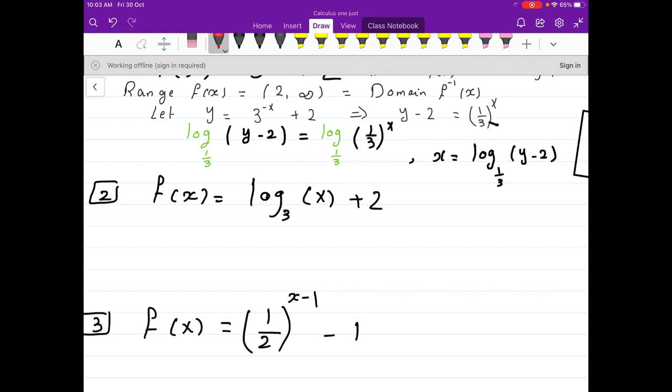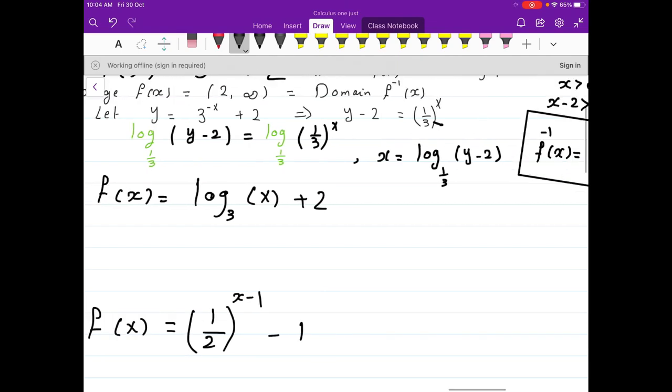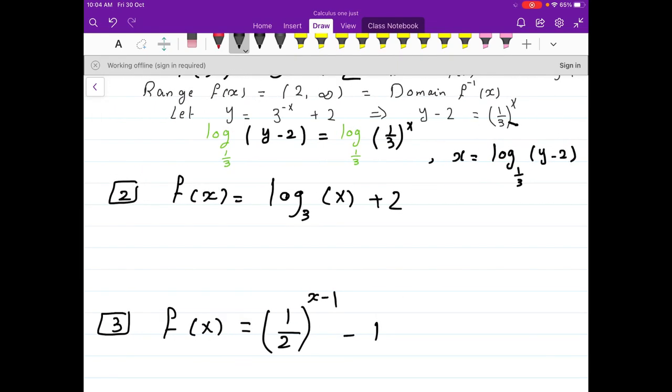Okay. What is the domain of f of x? Inside the log, x must be positive.